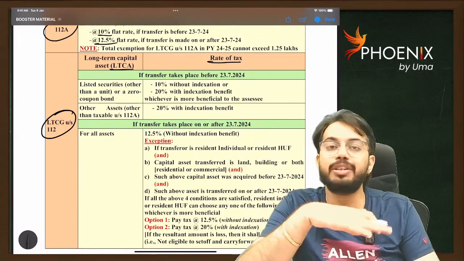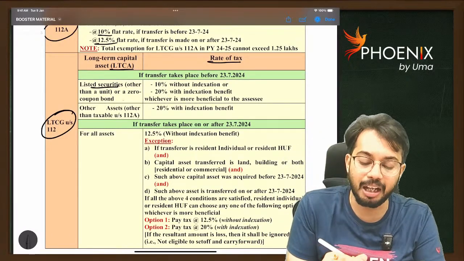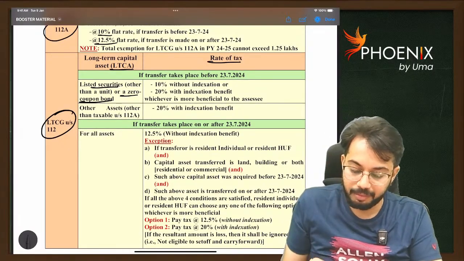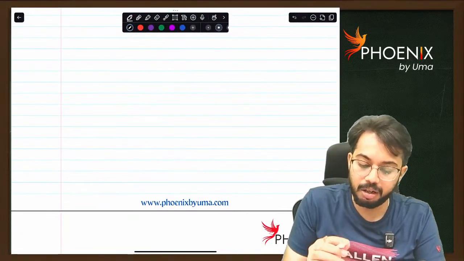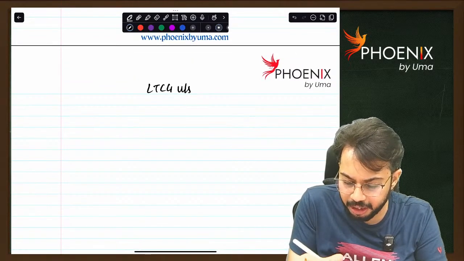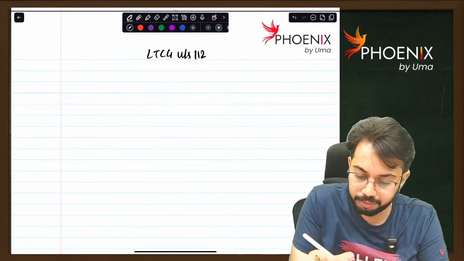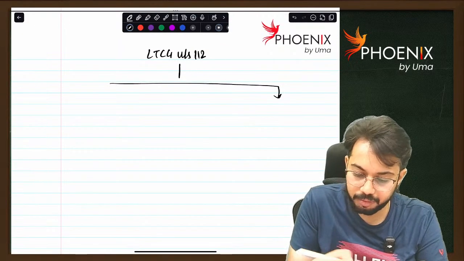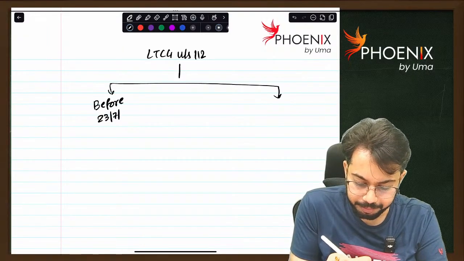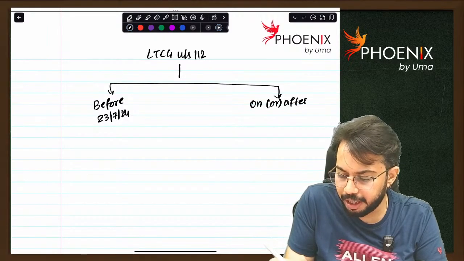So before 23rd July 2024, if the asset transferred is listed securities other than a unit or a zero coupon bond, then, long-term capital gain under section 112.